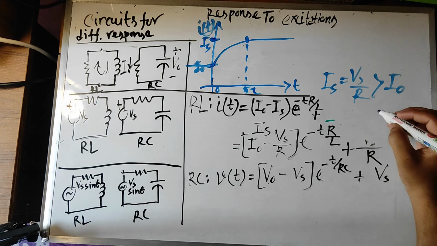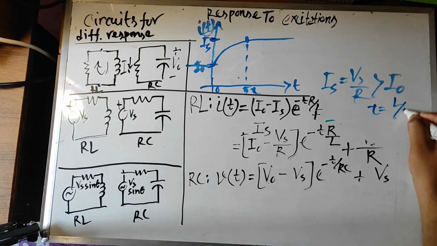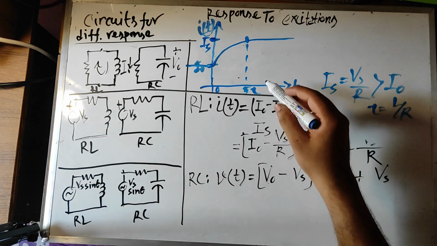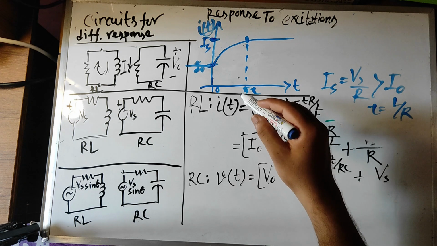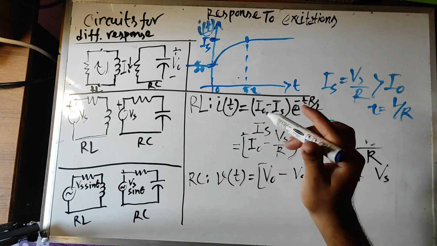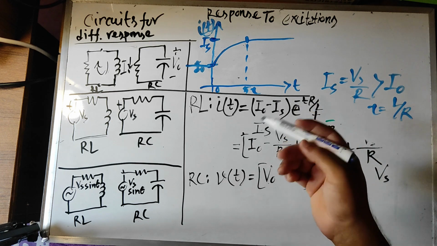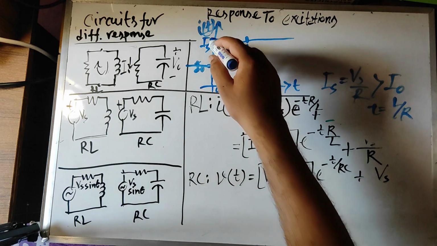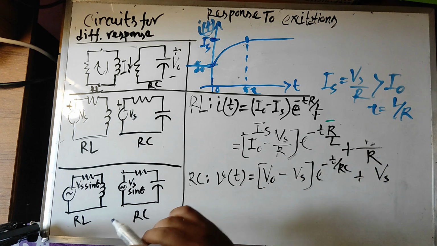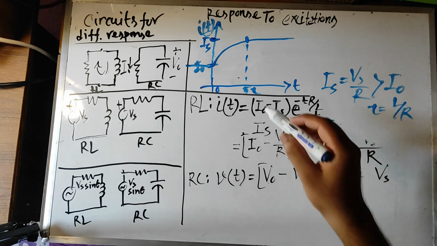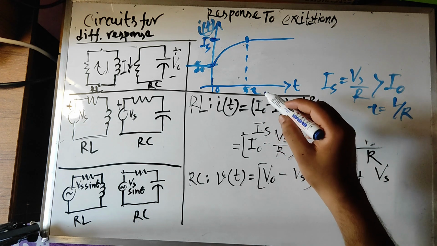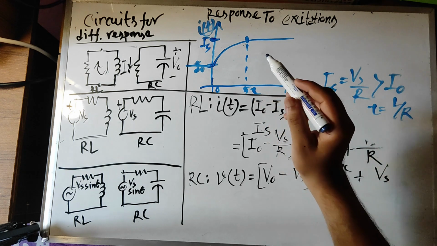Tau is L by R. So after 5 tau time, the initial current across the inductor won't vanish, it will increase to is, the impressed current on this RL circuit, and it will become is at 5 tau time.